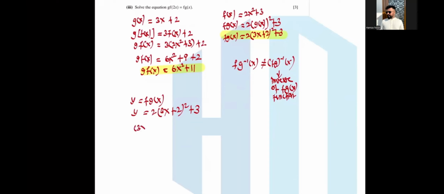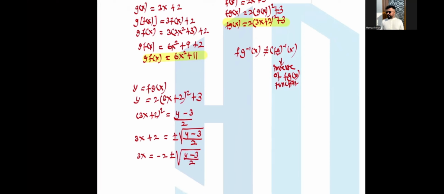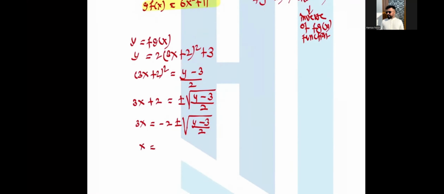We can say that (3x + 2)² = (y − 3)/2. Taking the square root on both sides, 3x + 2 = ±√((y − 3)/2).